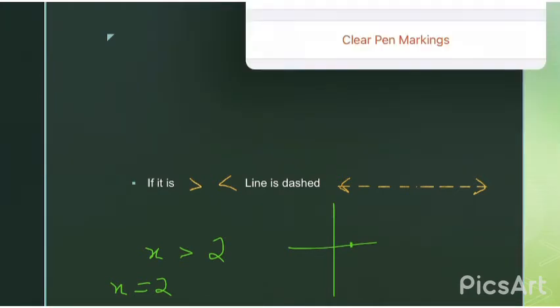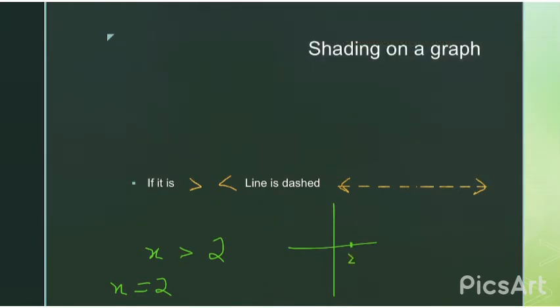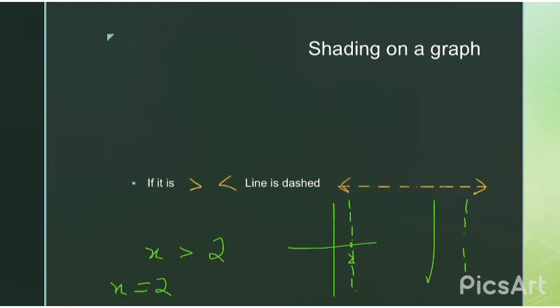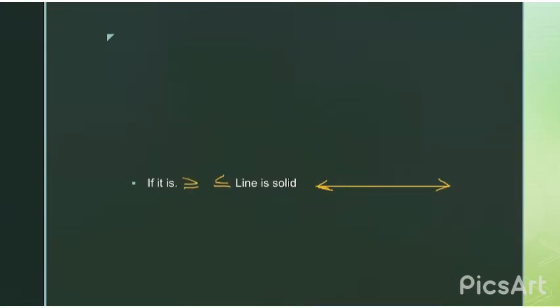So I'll just show you how it is going to be. This line will be drawn like this. Instead of drawing it completely straight like this, it will be dashed. And for the greater than or equal to and the less than or equal to, the line will be solid. So like how we drew here, this solid line will be for the greater than or equal to and the less than or equal to.